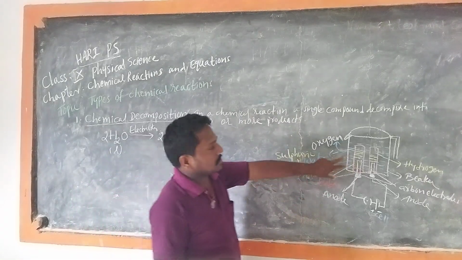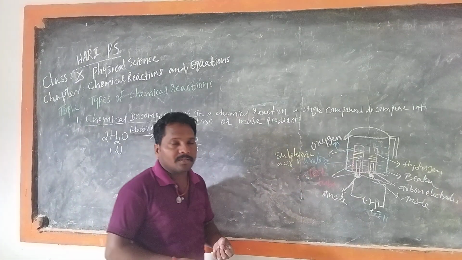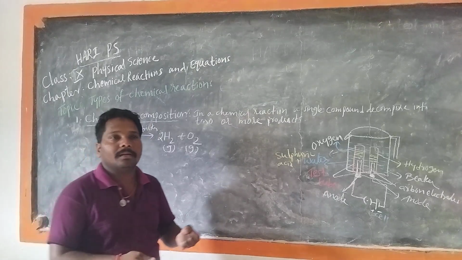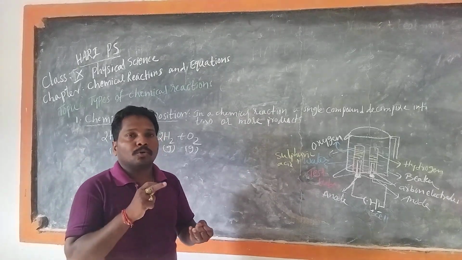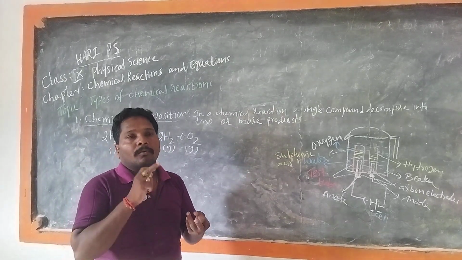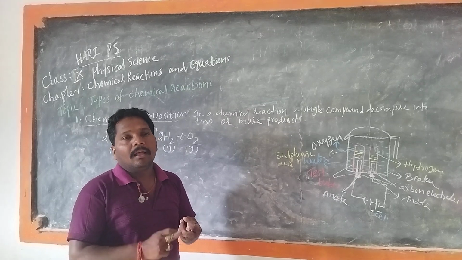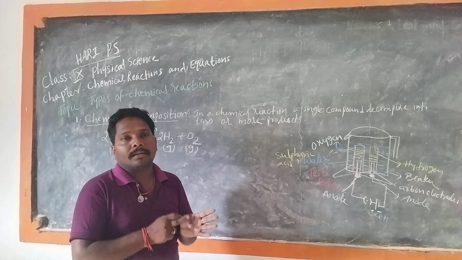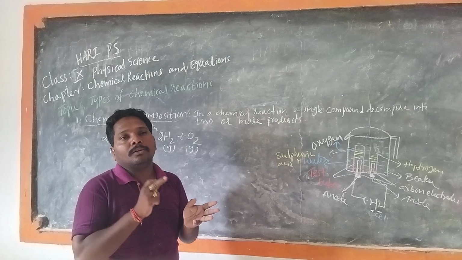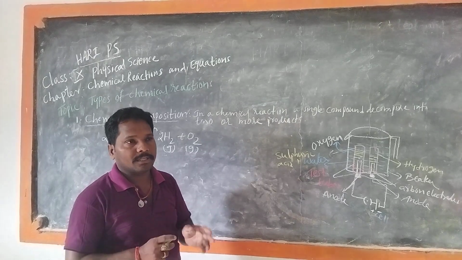So this is the arrangement. The required materials for the activity: a plastic beaker or a mug, two carbon electrodes, a battery or a cell, connecting wires, water and sulfuric acid, and two test tubes.